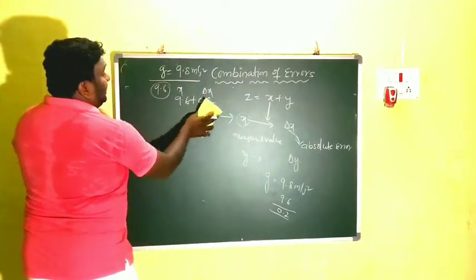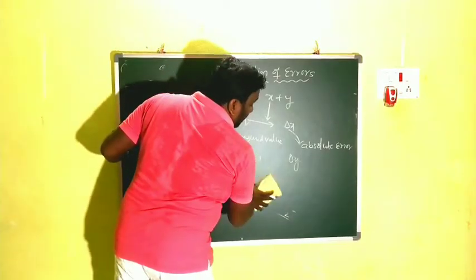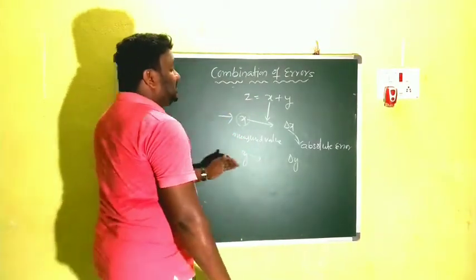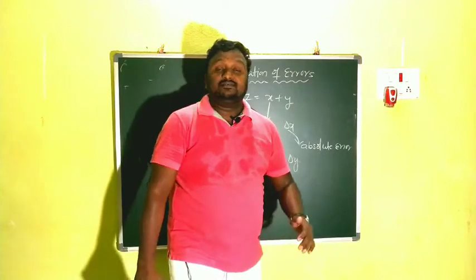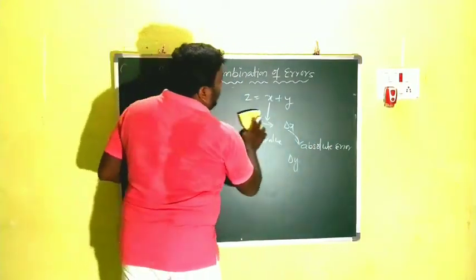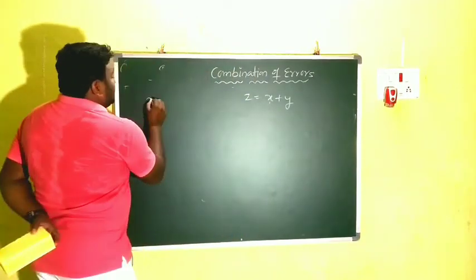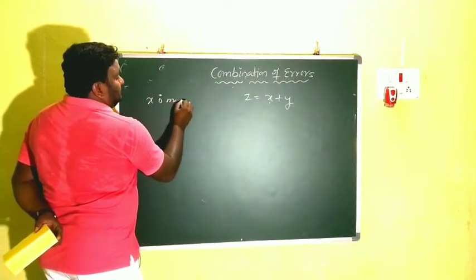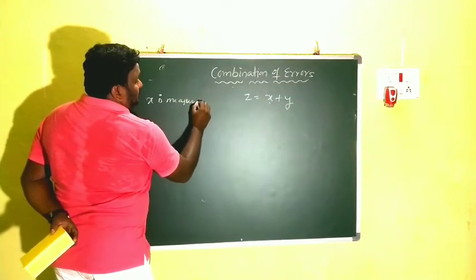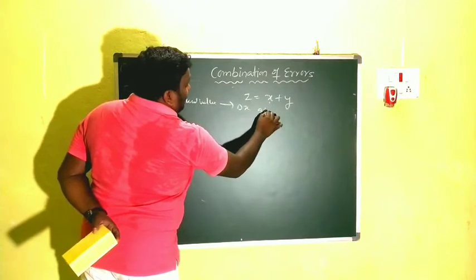Simply you have to remember x is the measured value and delta x is the absolute error of it, and y is the measured value and delta y is its error. So how we can correct that? Now here x is the measured value and delta x is the absolute error.